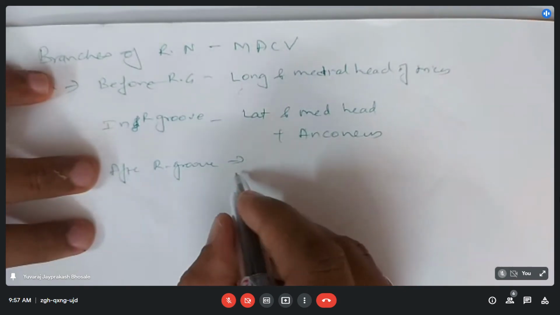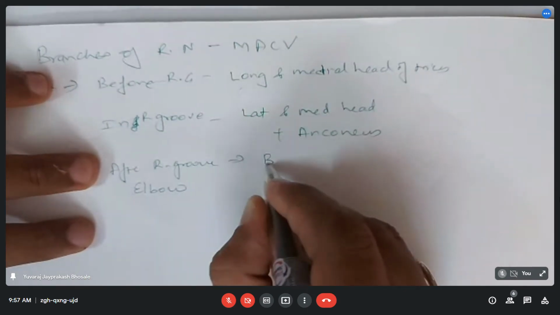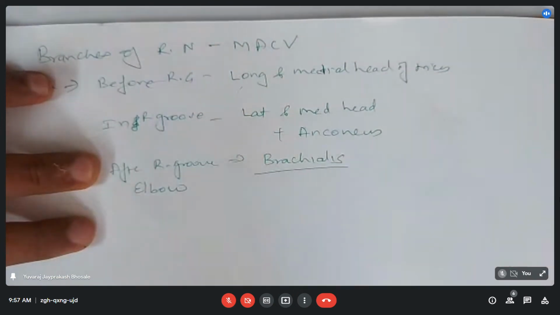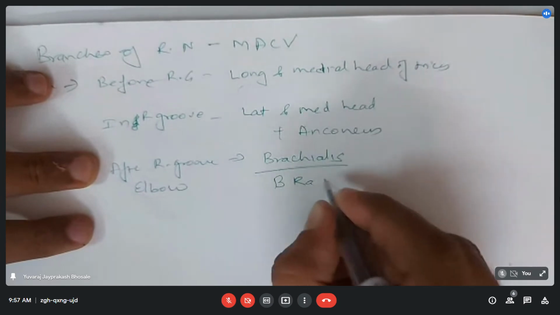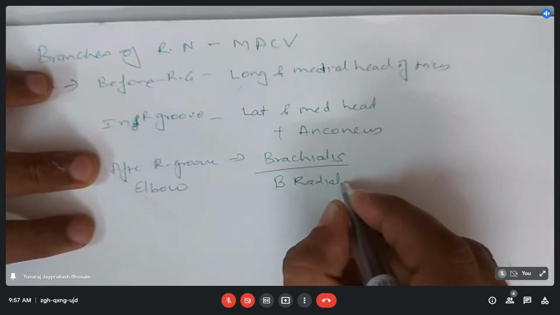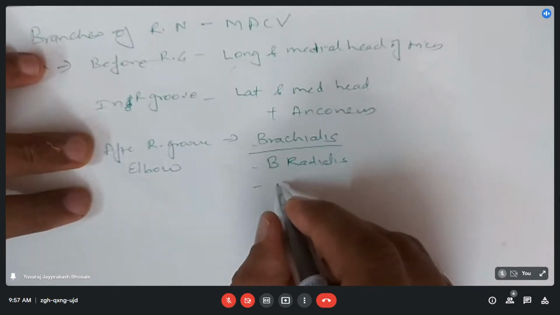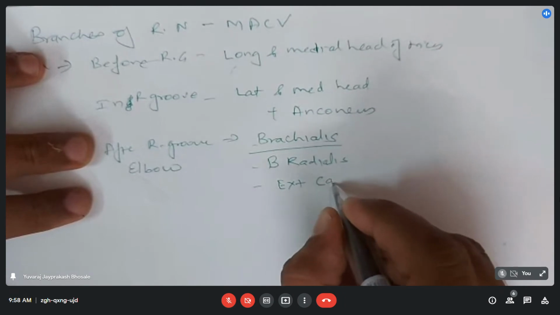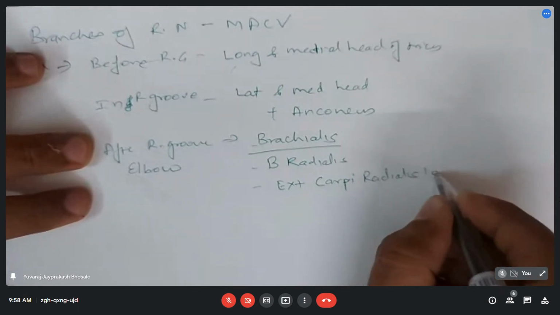After coming out of the radial groove near the elbow, it supplies brachialis. Yesterday we studied brachialis and we said it has dual nerve supply from the musculocutaneous nerve and the radial nerve. It supplies brachioradialis and it also supplies one more muscle. Now this is the first odd name you will be hearing, the extensor carpi radialis longus.